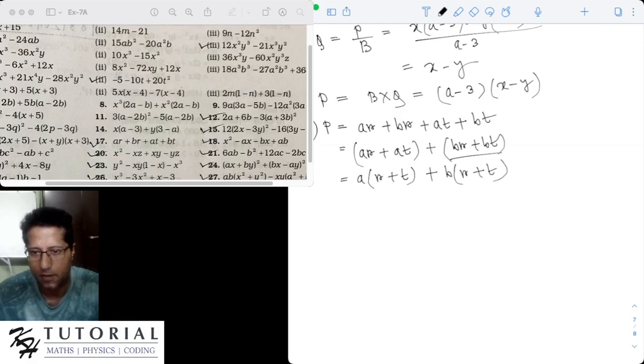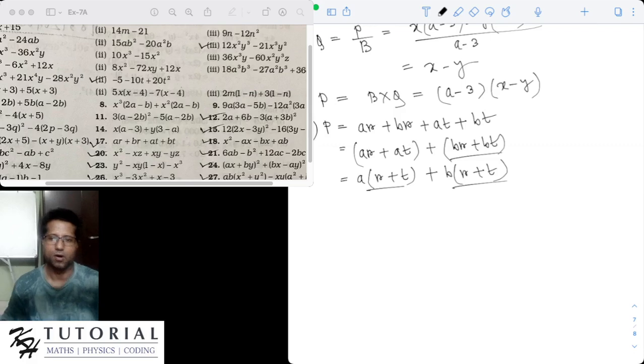Now I see that these two terms have a common factor R plus T, which is a binomial.